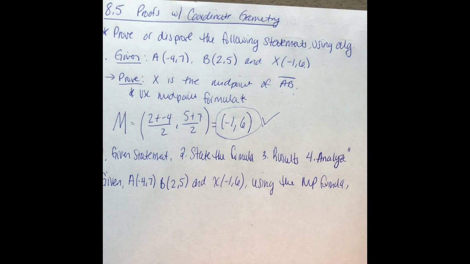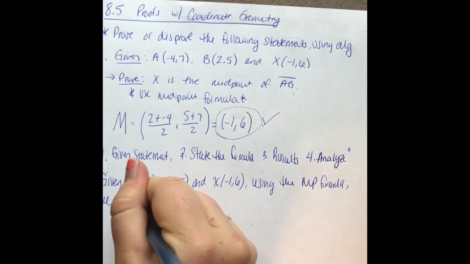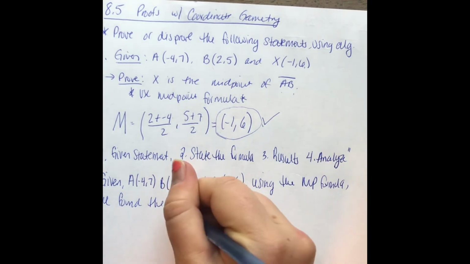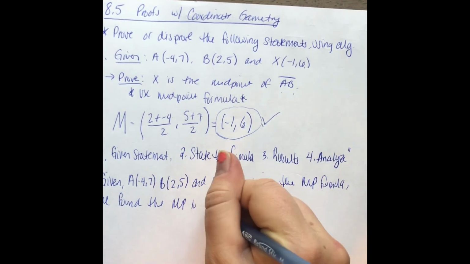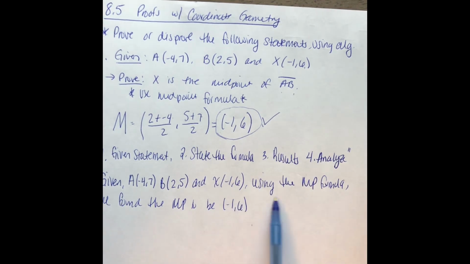If I was handing this in for a quiz or test, I would totally write midpoint, but it's just notes, so MP formula. We found the midpoint to be (-1, 6). So this was our given statement, this was where we stated the formula, and this was our results.